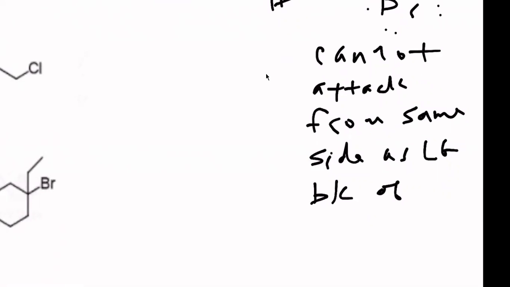What you'll find out if you study organic part 2 is that all your reactions are dictated by either sterics or electronics. It's either going to be some type of electronic effect, orbital overlap, electron density type of argument, or it's going to be a steric argument.